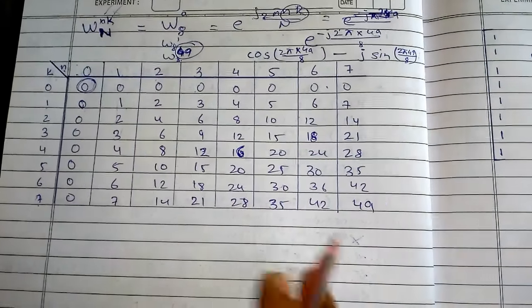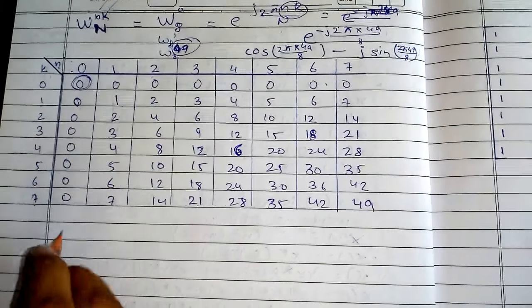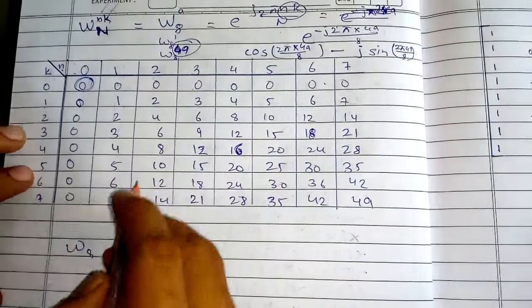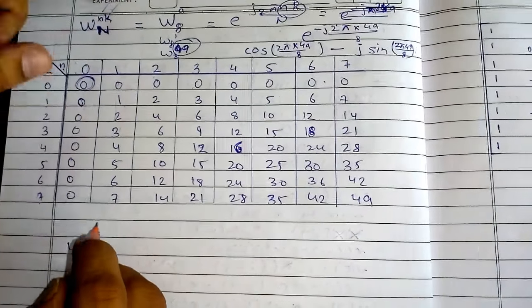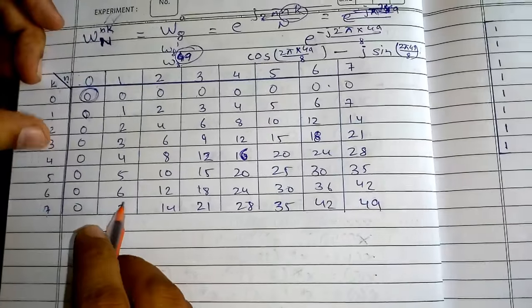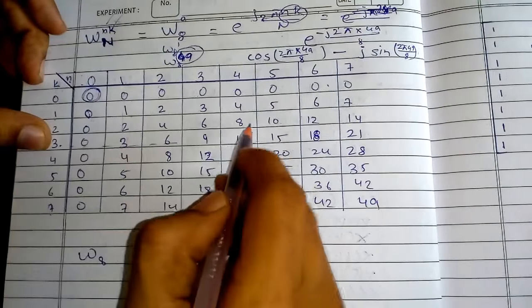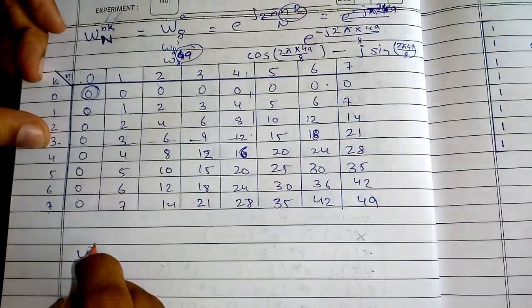So like this you have to do for every term. If you are having omega 8 raised to, let's say k is 3 and n is 4, so we'll have omega 8 raised to 12.